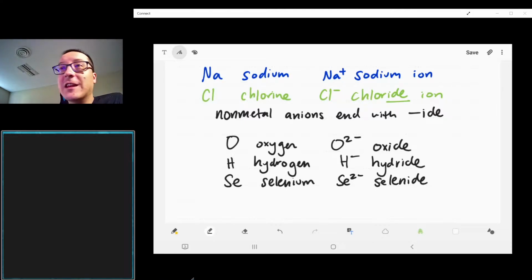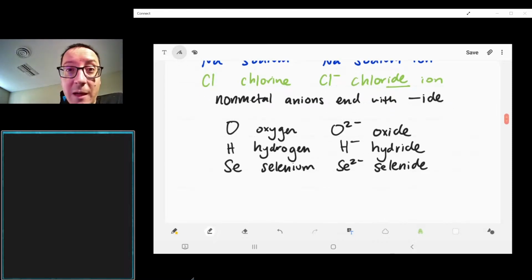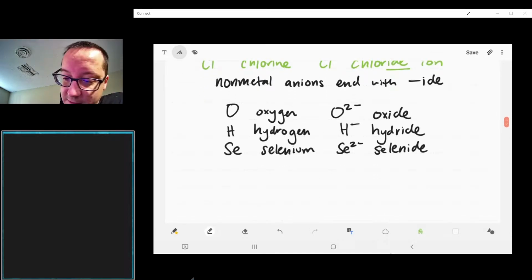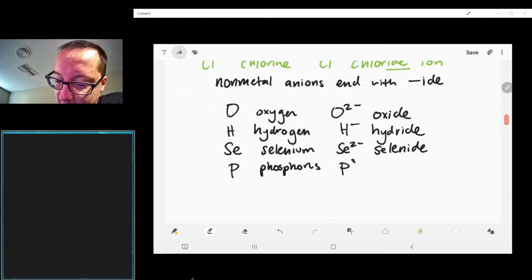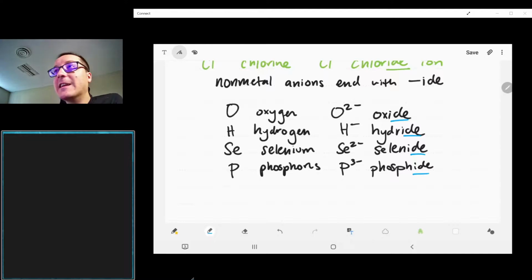Oxygen and selenium are both in group 6 or 16, depending on your periodic table, and they're going to make 2- ions. That's why I'm getting those charges. And let's do one more, phosphorus. Phosphorus will become phosphide. So notice again, all of these end with that "ide" ending. And that "ide" ending is what tells us that they are negative ions. Okay? Any questions on that idea?